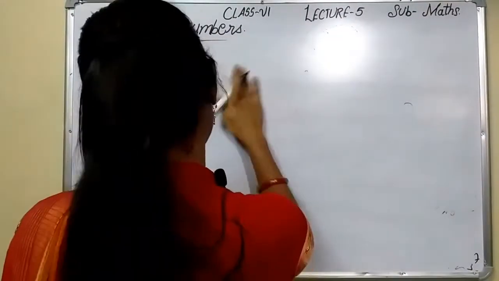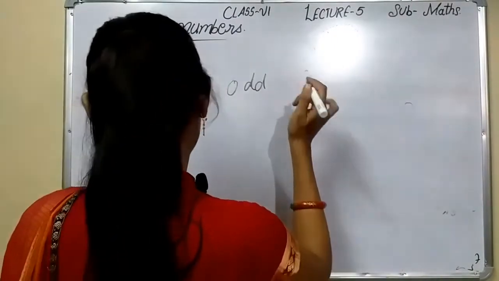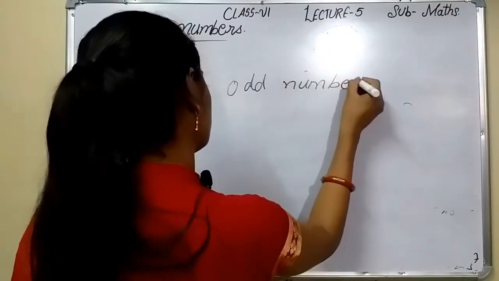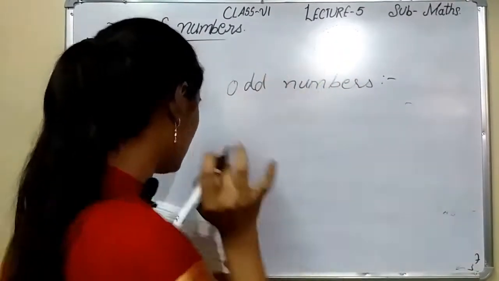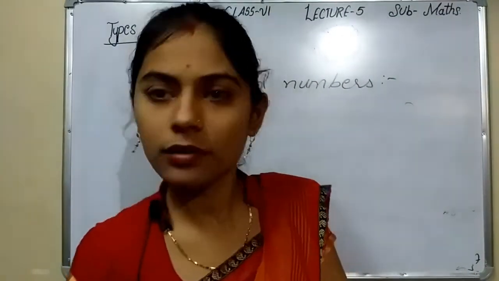Now see, what are odd numbers? The numbers that are not divisible by 2 are known as odd numbers.